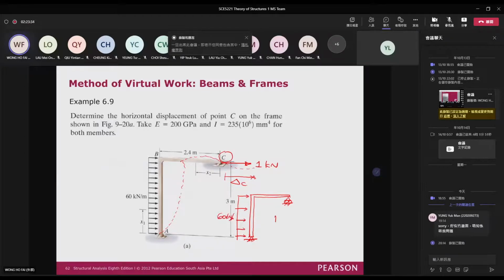And then I will find my real moment. And then for here, actually I will have my frame here. And then I will apply the value of 1 kN here. And then I will find my virtual moment.